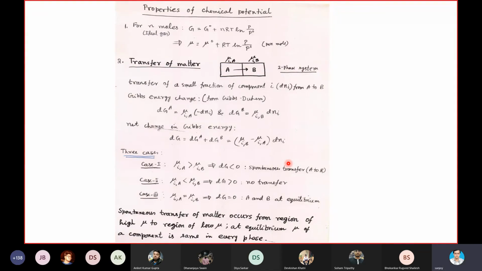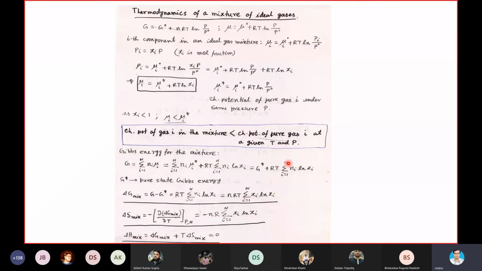Now, another place where we will see how chemical potential is important is when you talk about an ideal gas mixture. We talked about it earlier when we discussed the entropy change for the mixing of gases. Now we are trying to see what happens to the Gibbs energy change when you mix the gases.